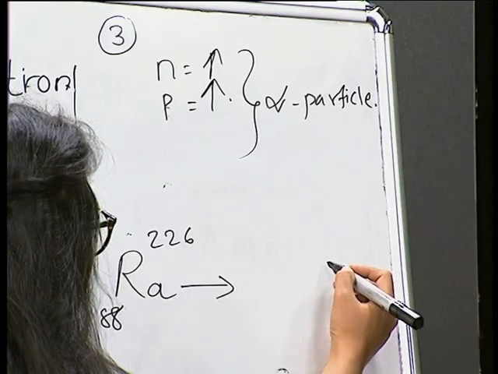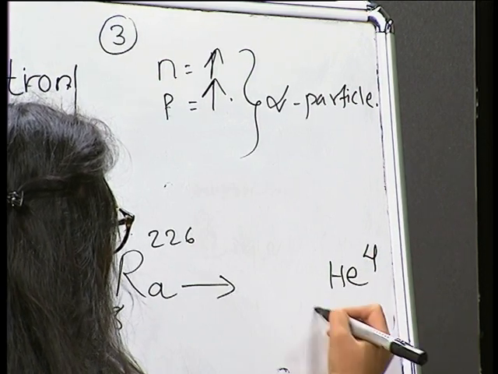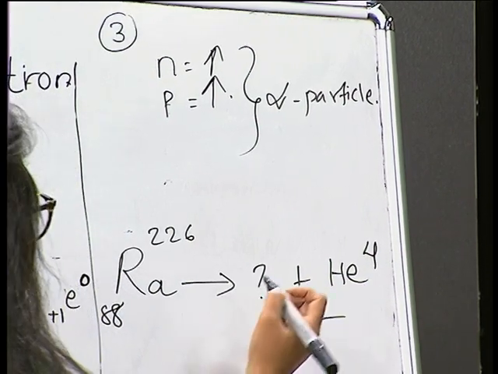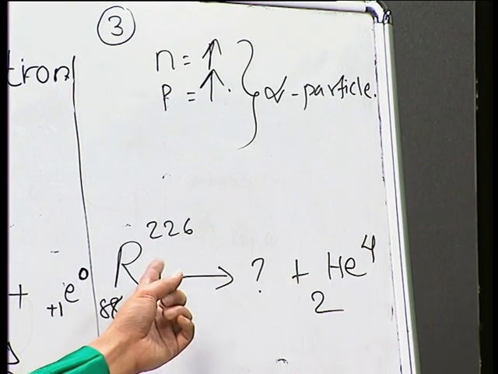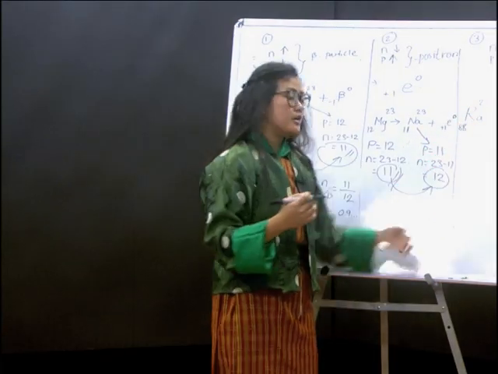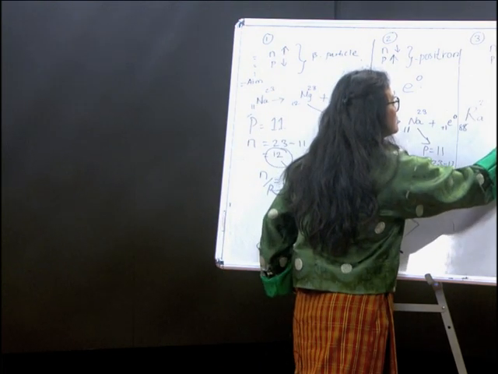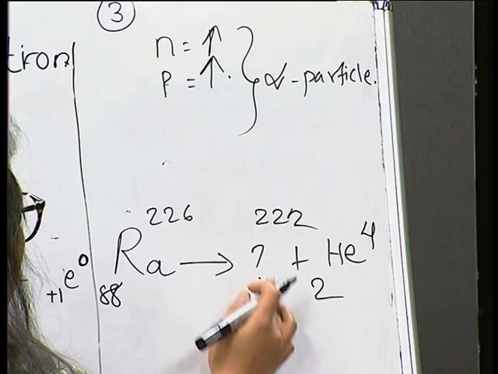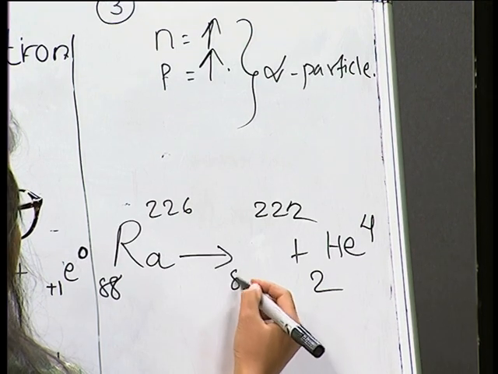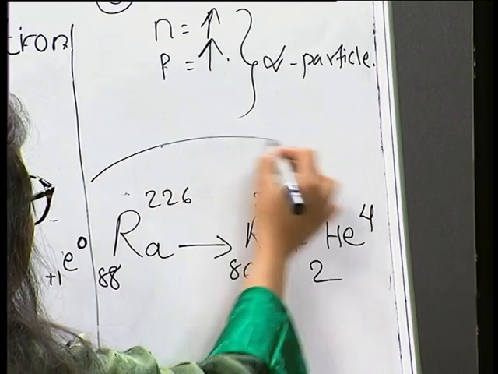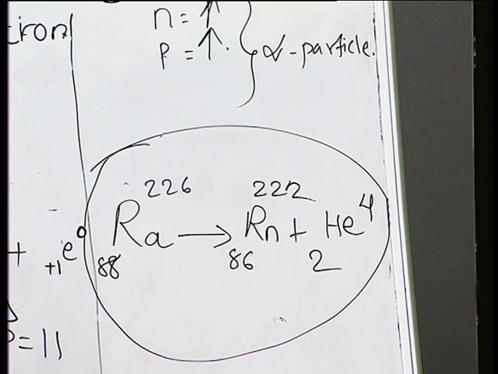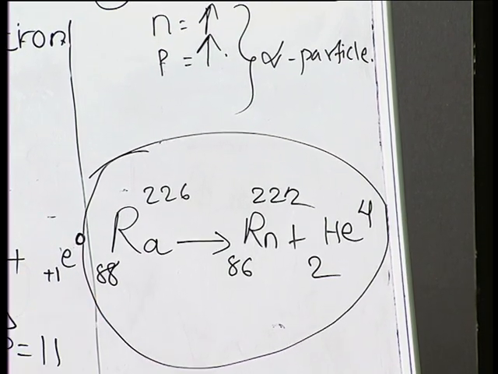It emits an alpha particle. Now the product will be, when the alpha particle is emitted, the mass number will be reduced by 4 units. So, it is 222 and here 88 becomes 86 and that belongs to radon. So, this is how the stabilization is brought about.